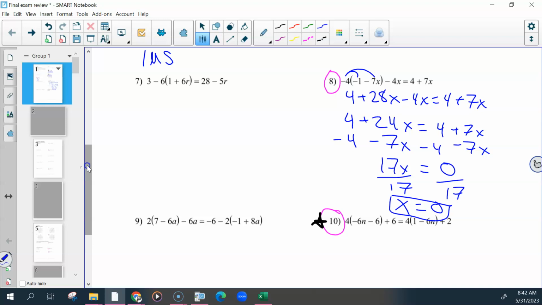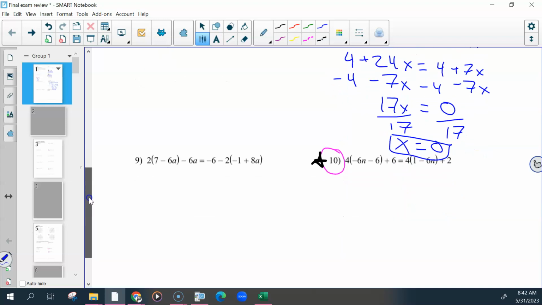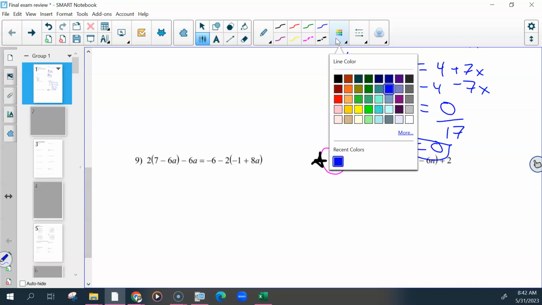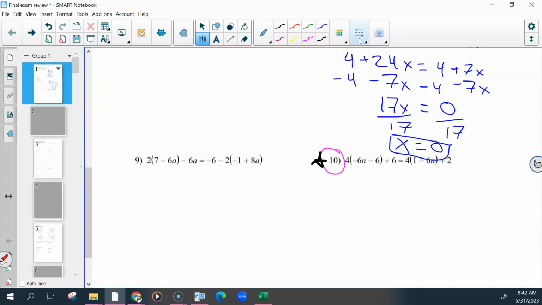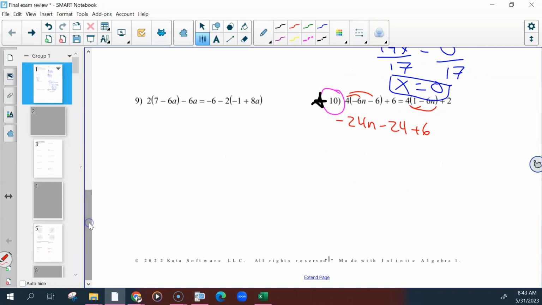Number 10, similar to 8, but now we have parentheses on both sides. So distribute on both sides. We have negative 24n minus 24 plus 6 equals 4 minus 24n plus 2.